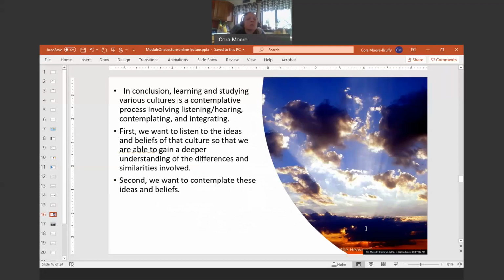So, in conclusion, when it comes to learning about and studying culture, even if we're studying our own culture, if we're taking the emic perspective and looking around at what it is we do as a culture, it's a contemplative process. It involves listening and hearing, and listening and hearing are different things.